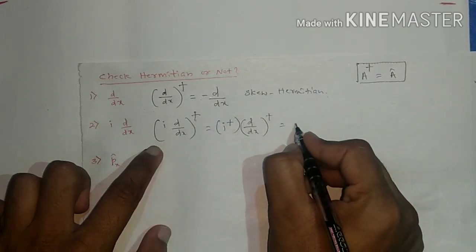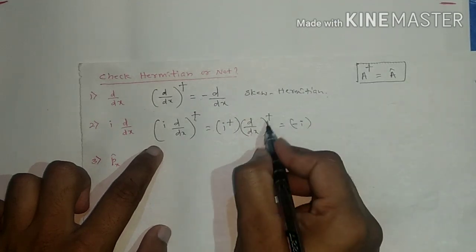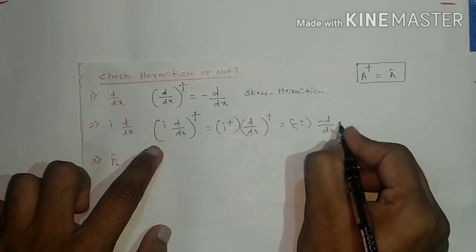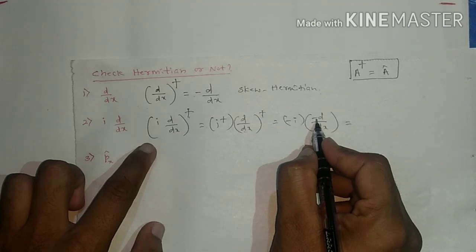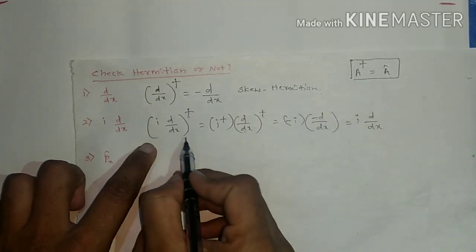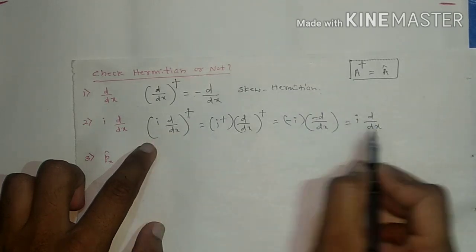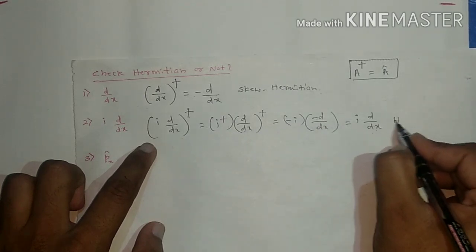I dagger is nothing but minus i, and d dx dagger is nothing but minus d dx. So minus into minus will be plus. What we get is i d dx. So (i d dx) dagger is equal to i d dx. It's like A dagger is equal to A. So that's why this is Hermitian.